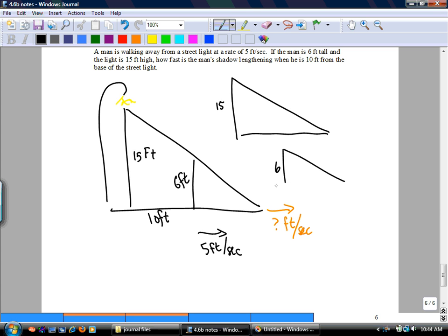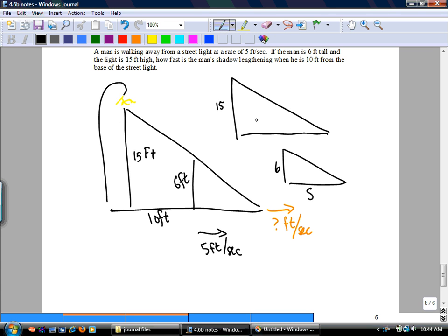Okay, call this distance something. X or S? S for shadow. And then this triangle, call this side something. Shadow plus length.